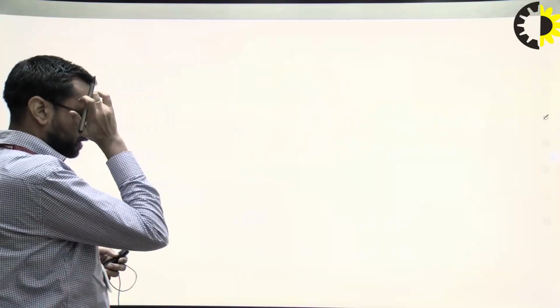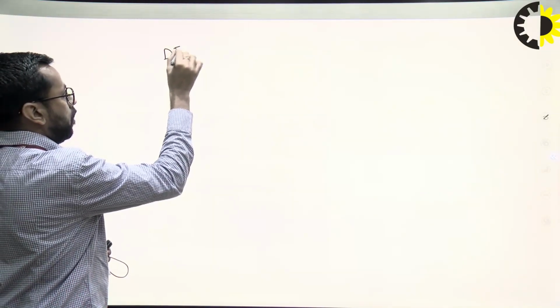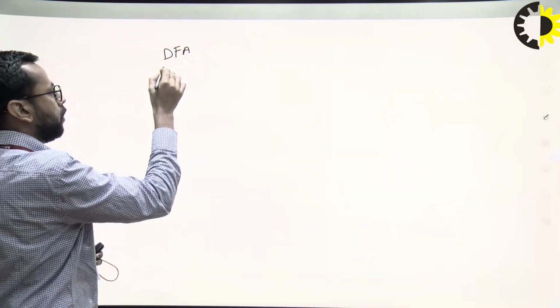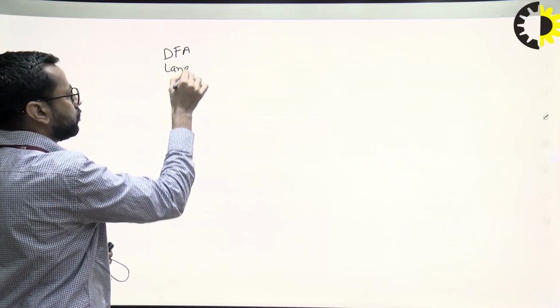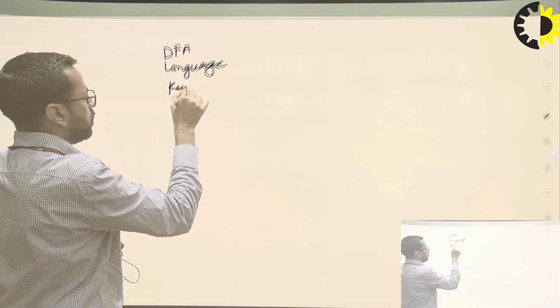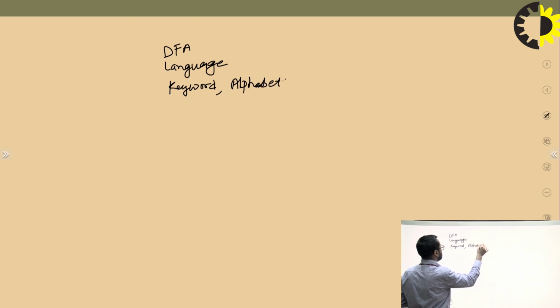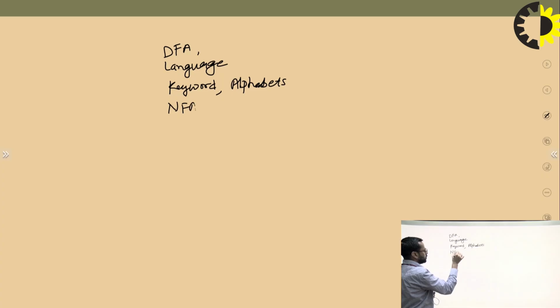In the first lecture we discussed what a DFA is. Before the DFA introduction, we already covered language, keywords, tokens, alphabets, and DFA and NFA with epsilon and without epsilon.